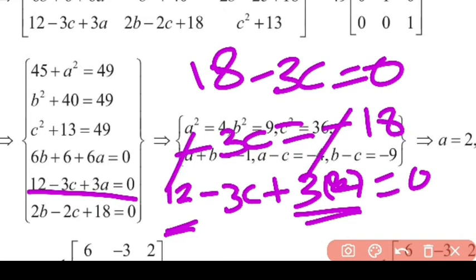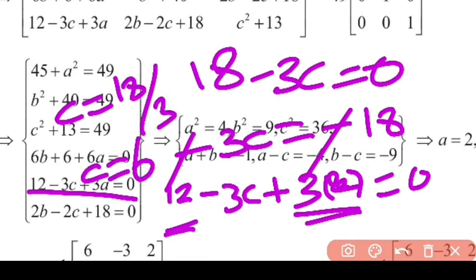The minus signs cancel, c equals 18 by 3, so c equals plus 6.